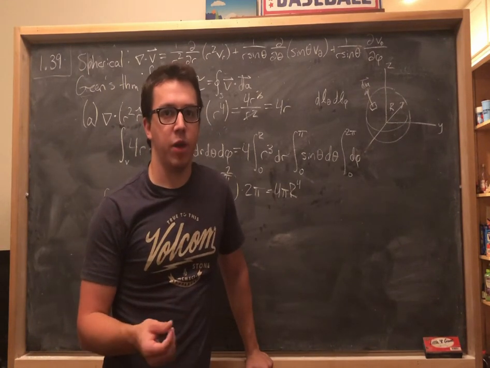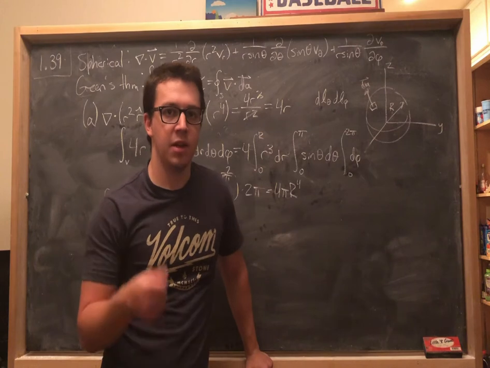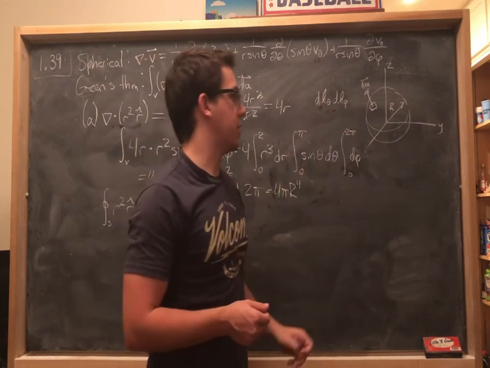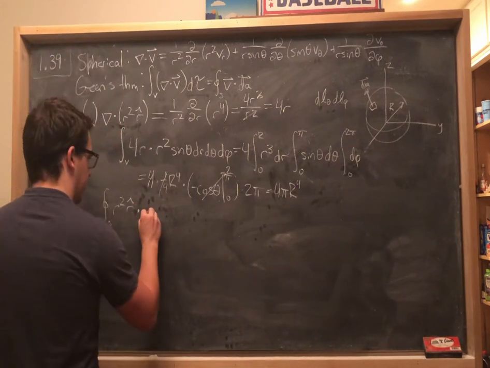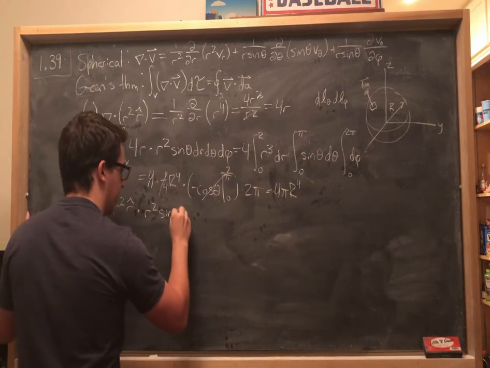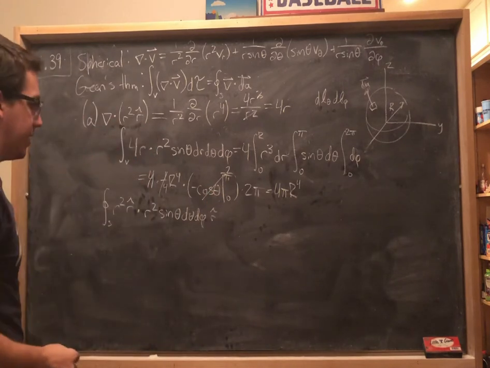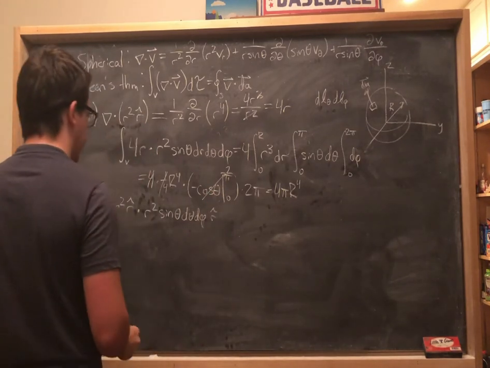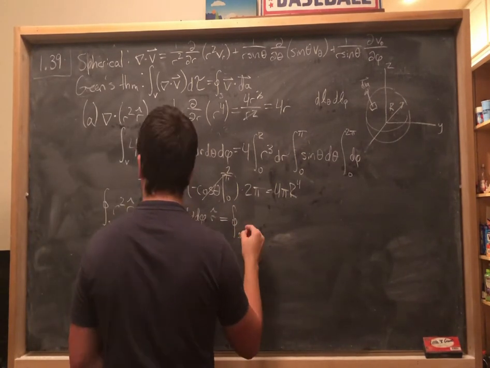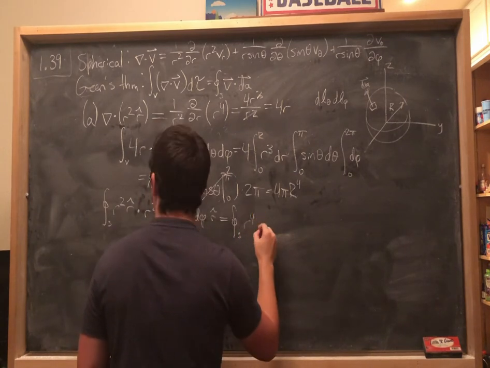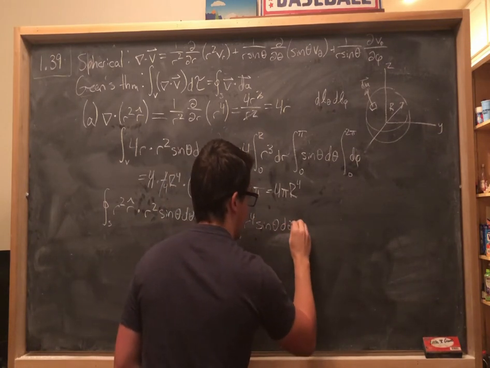But all you really have to remember is that for a spherical shell, this element of area is going to look a lot like our volume element, because it is going to be r squared sine theta d theta d phi pointing radially outward. That is in the r hat direction. Since these two are dotted, then what we'll get is this closed loop integral of r to the fourth sine theta d theta d phi.